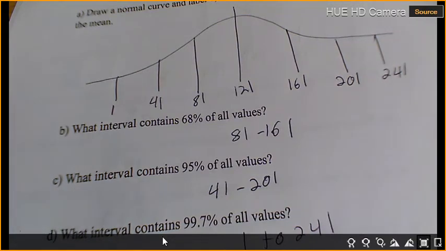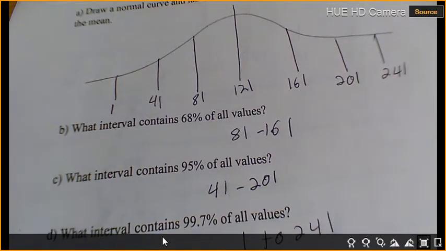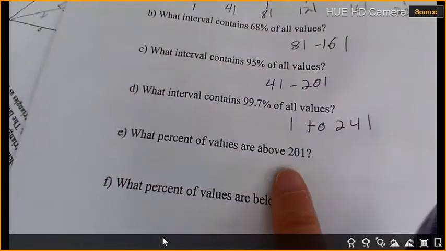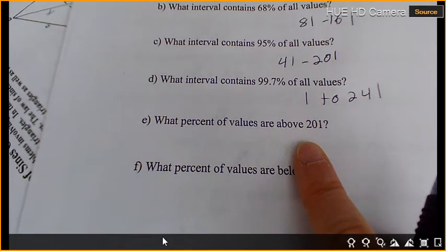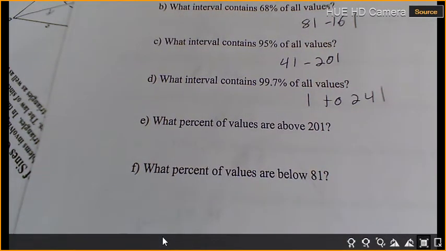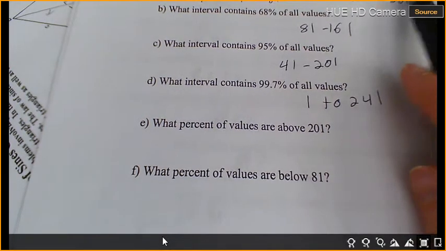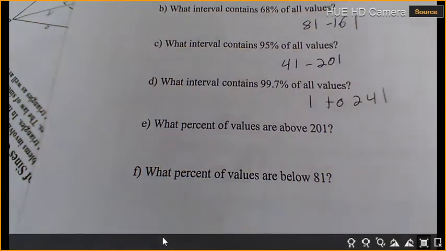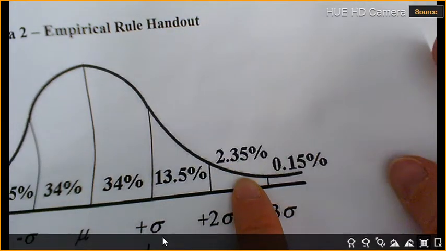What percentage of the values are above 201? So it's from here up. It's this and this. So we should be adding 2.35 and 0.15.